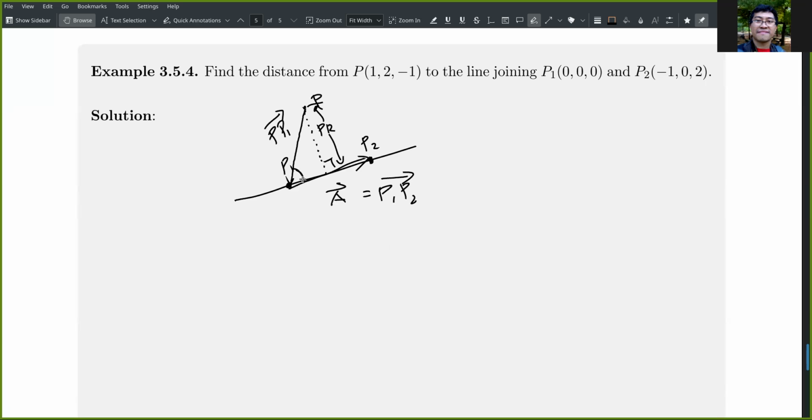It will be the projection of PP1 on this direction, on this line, giving us this PR. So basically, PR is just the absolute value of PP1 cross the unit vector for A. So that's A over A magnitude.